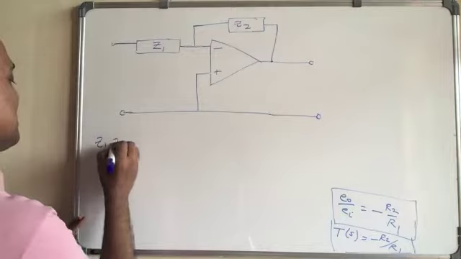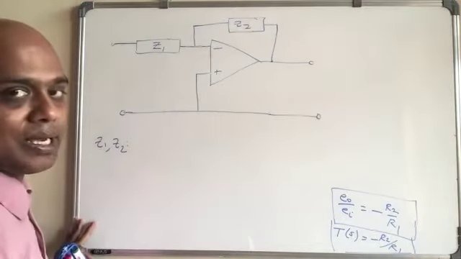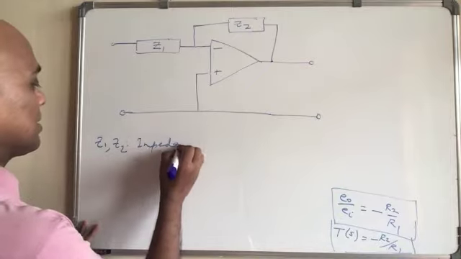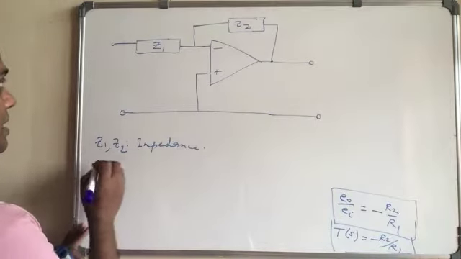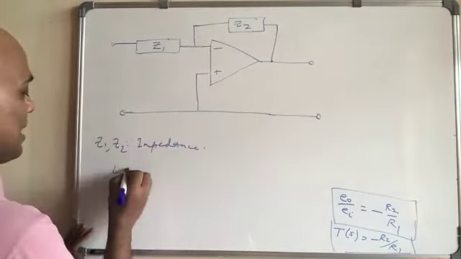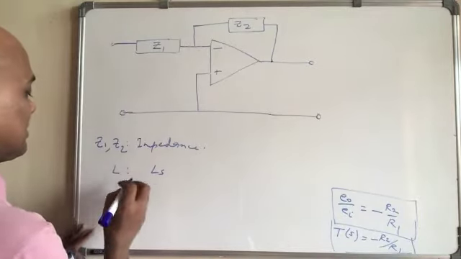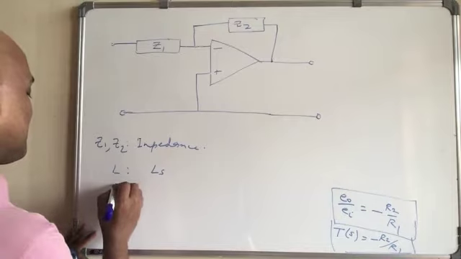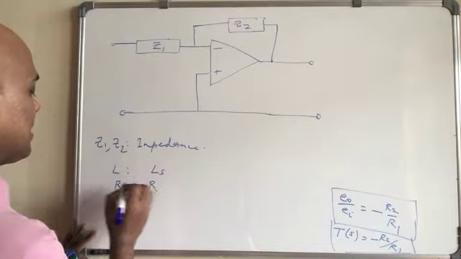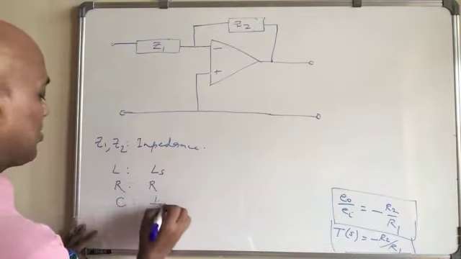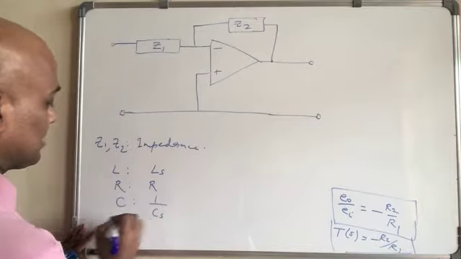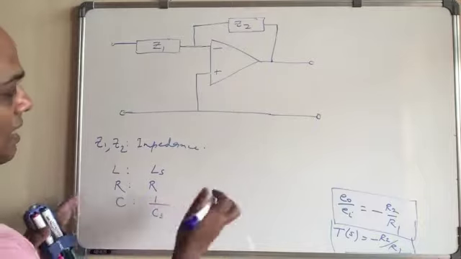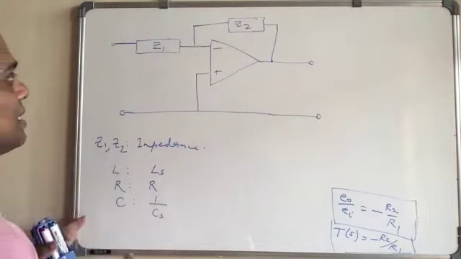So this is similar to what you have studied in the last video lecture, impedance. As you know, if this is an L, then you have L times S. When you have a resistance, you have just resistance R. When a capacitor, you have 1 over CS, right? So this is what the impedance is, and if you have a combination, accordingly there will be a combination.